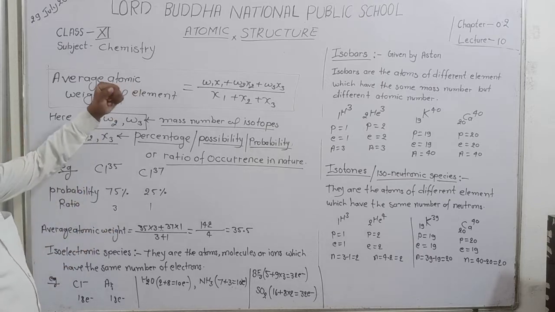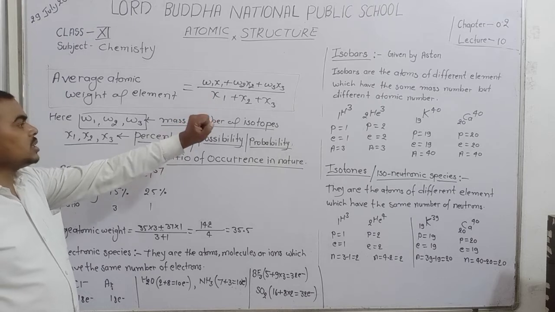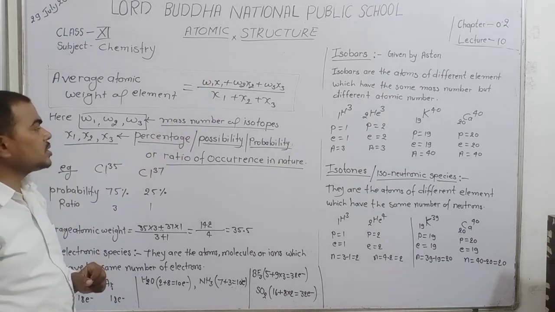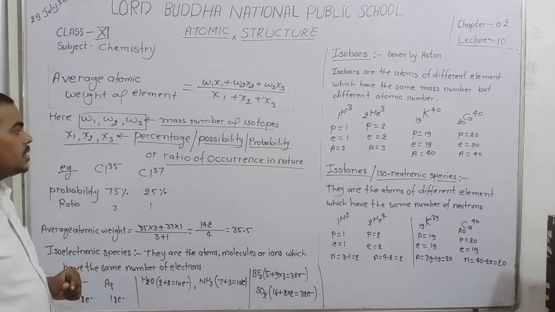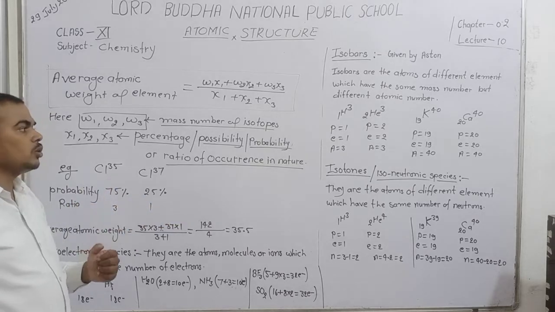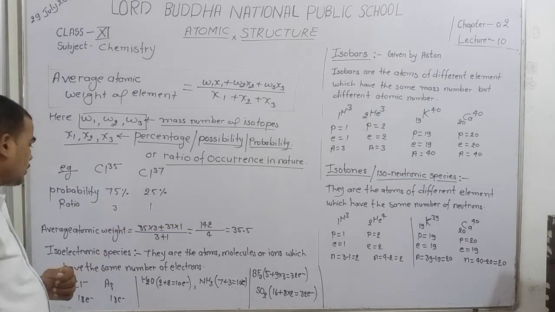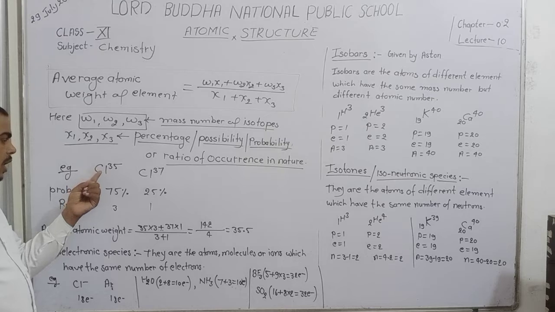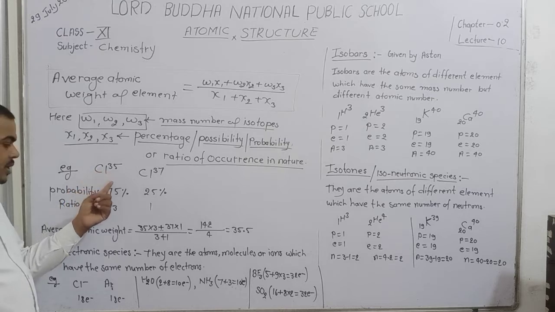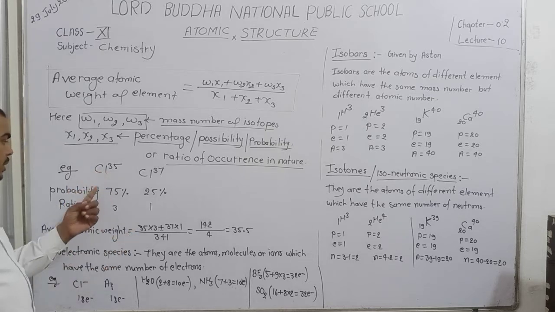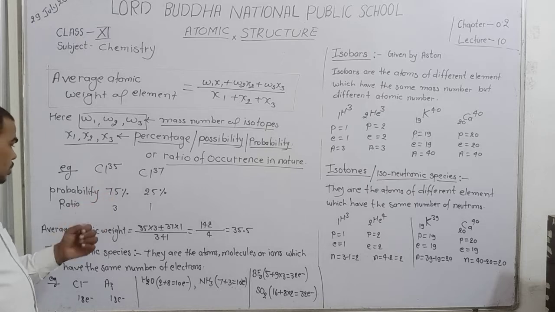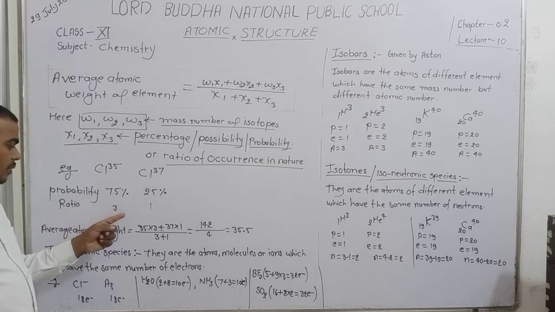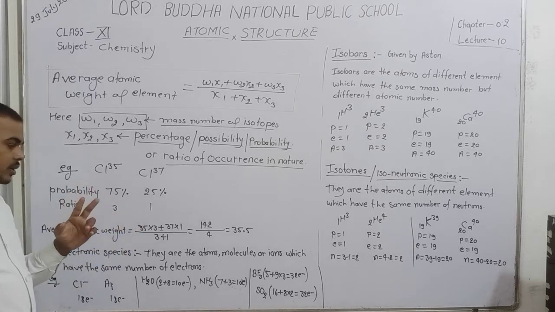First you write the mass number and then multiply it with its percentage or probability ratio. Dear student, in this question the mass number of the first isotope of chlorine is 35, so write 35, and the probability ratio is 3, so multiply 35 by 3.